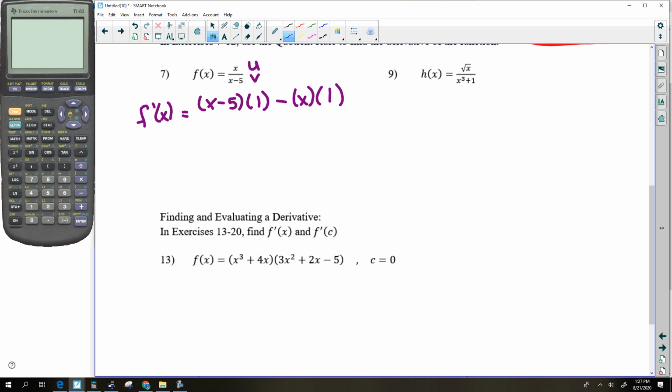All right, so I'll just write out loud what this was. This is V, the bottom's up, U prime, minus the same thing, but just backwards. So on the first part, you have to take the U prime. On the second part, you take the V prime. And this is all going to be over V squared.